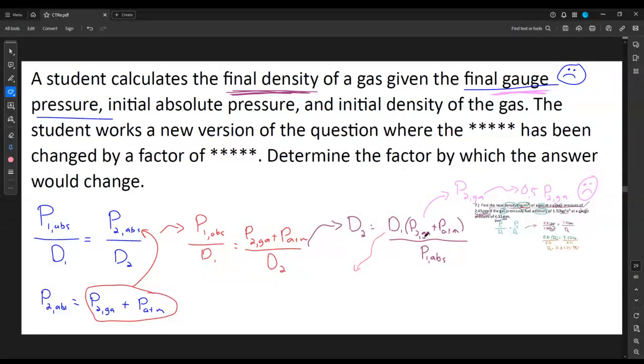Then the absolute pressure, again, you can kind of see where that's going. So let's work these through. If the original density is adjusted by some factor, then when we go to plug that in, the new density compared to the old density will have a ratio of 0.5 because of that factor. If the gauge pressure is unadjusted, then it's going to give back the same information, and so that would have a ratio of 1.